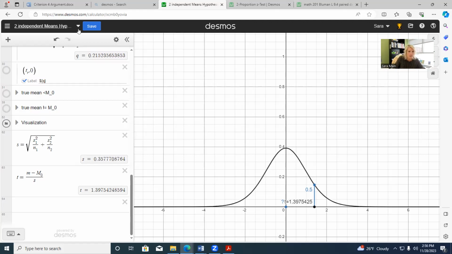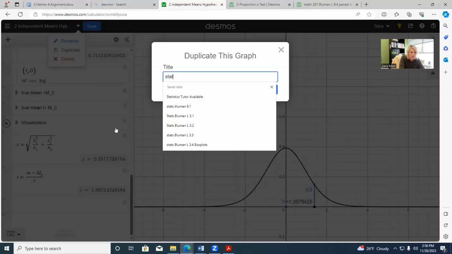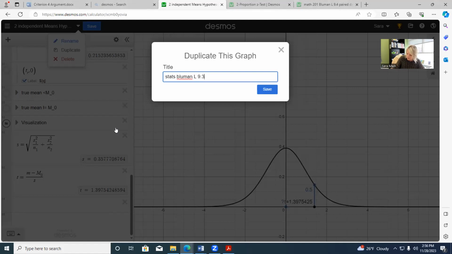And I am going to save this. I'm going to make a copy and save this for you so that you can see that this is example 3 for 9.3.